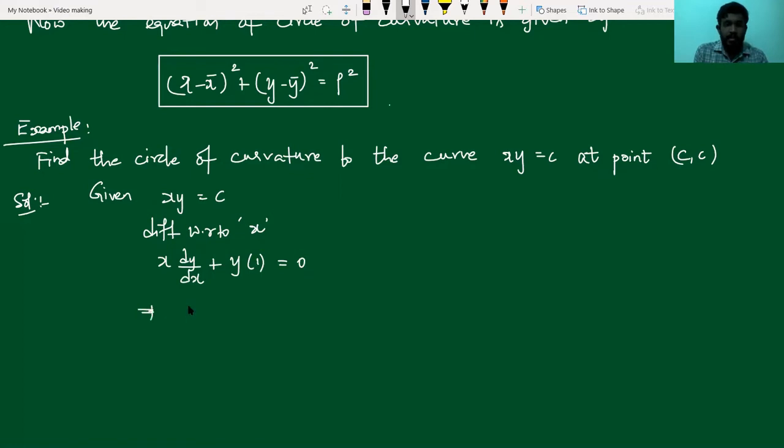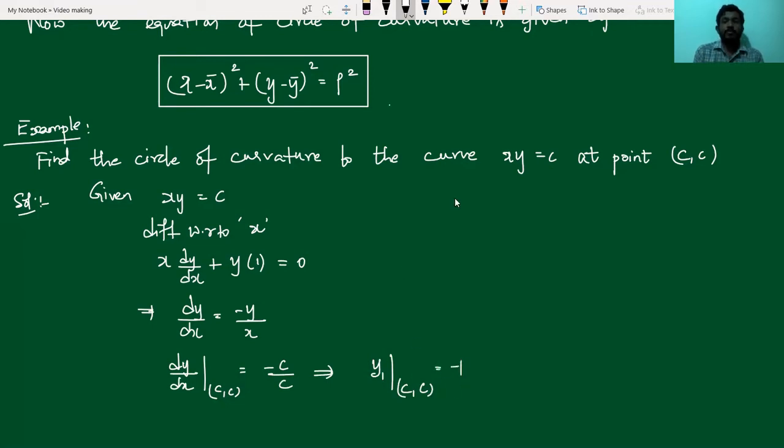This implies dy by dx is equal to minus y divided by x. To find the derivative value at the given point c comma c, put x equal to c and y equal to c in dy by dx, we get minus c by c, which implies that y1 at the point c comma c is minus 1.